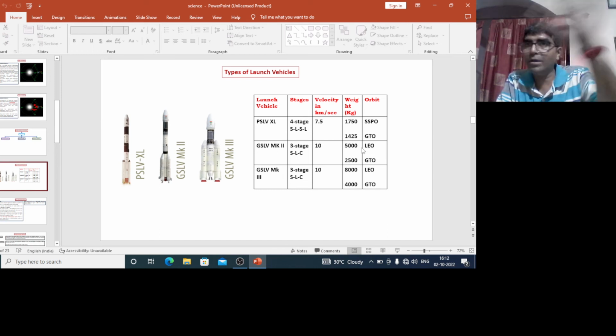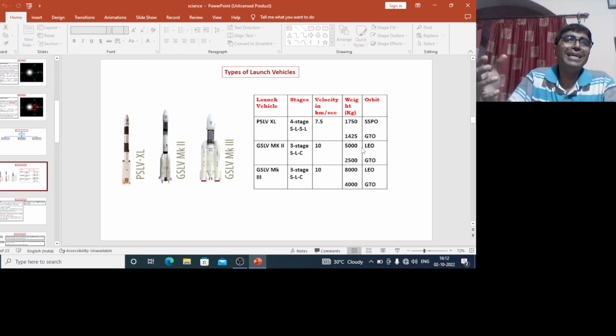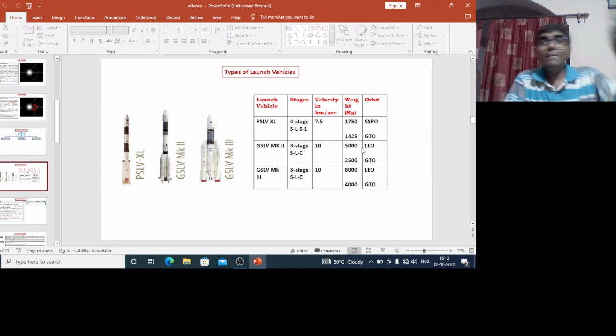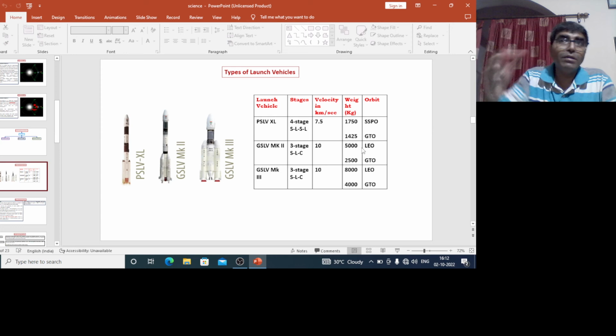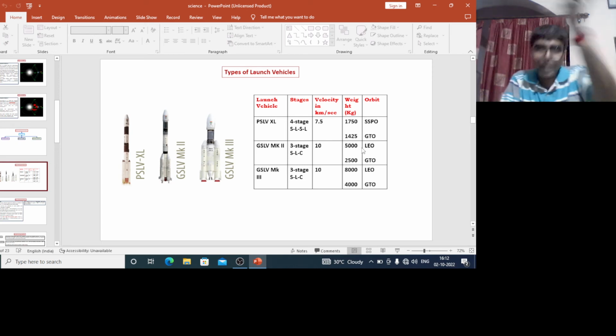Two stages remain. A launch vehicle normally, when the fuel is finished, makes debris. Reusable means a launch vehicle that can be used again.